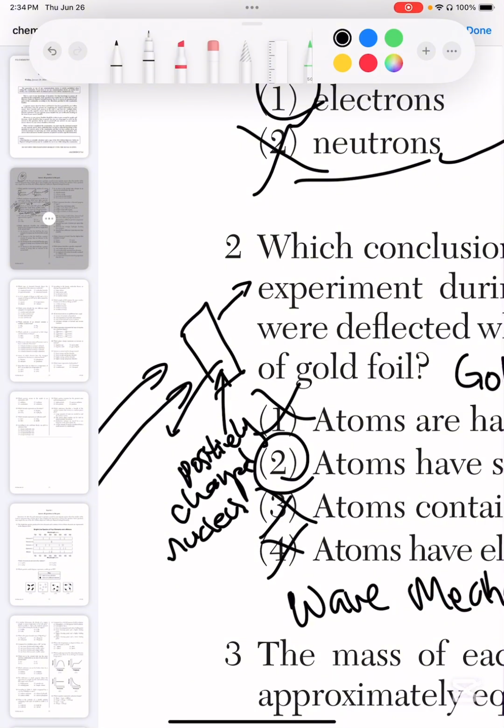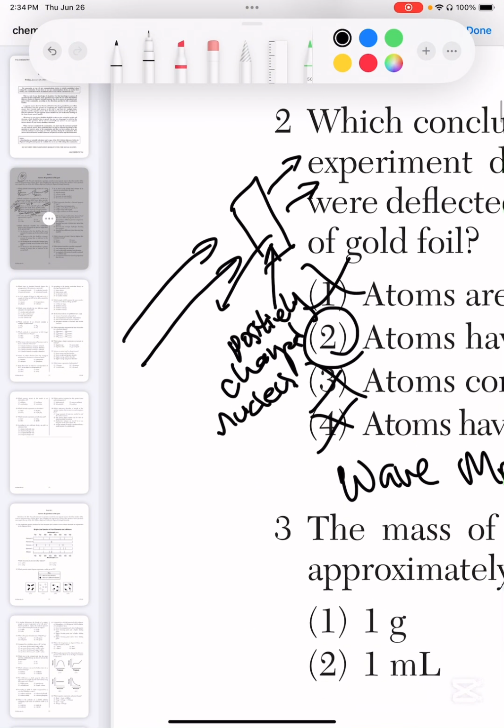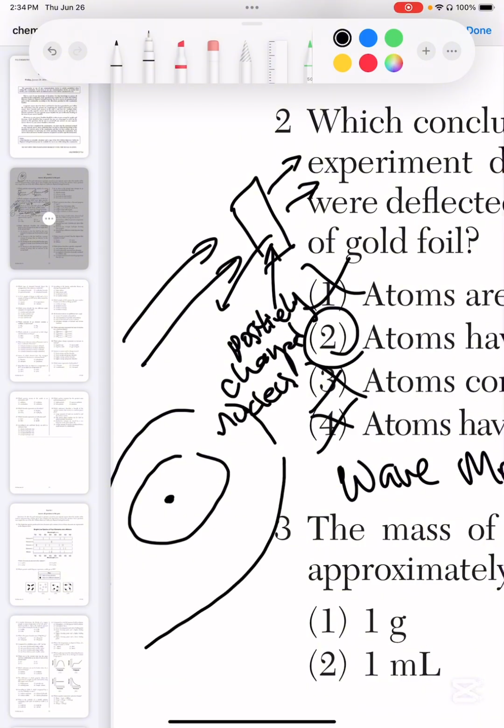Most of them went right through because atoms are like a tiny nucleus and large electron orbitals. So most of the alpha particles can go through, but if they were right onto the nucleus, they would bounce back out.